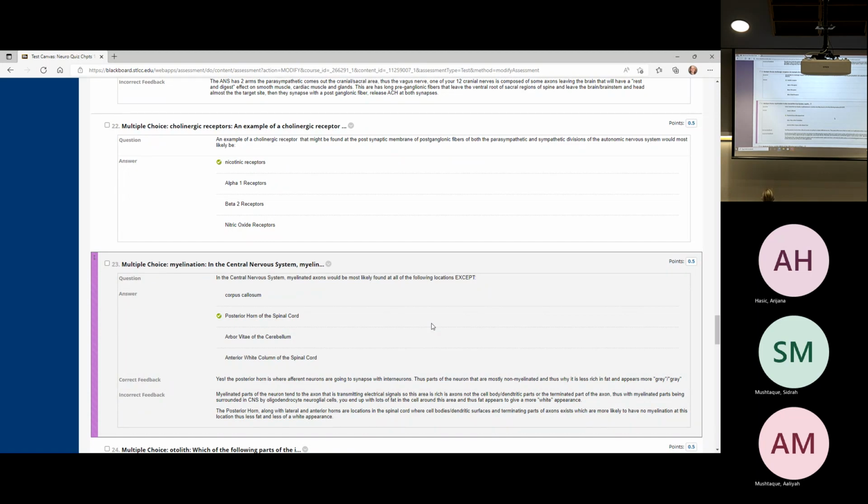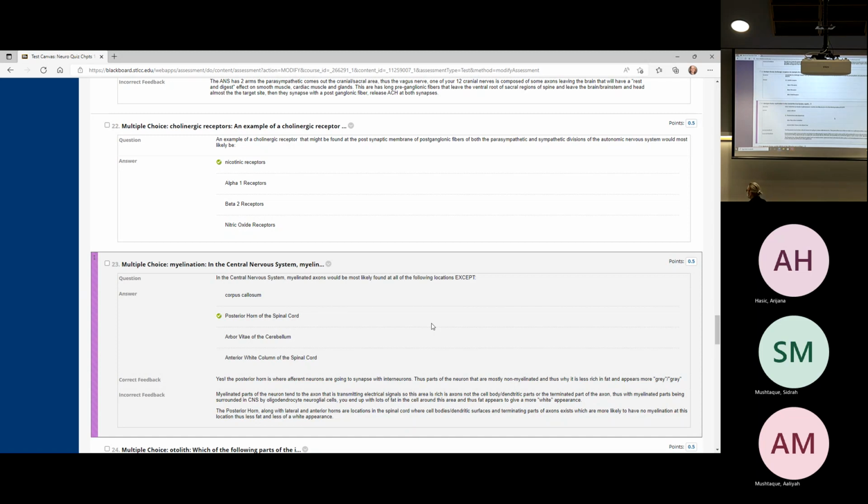Okay, so a cholinergic receptor that might be found on postsynaptic membranes of postganglionic neurons, and it's in both the sympathetic and the parasympathetic system. What receptor am I asking you about? Which cholinergic one? Nicotinic. And remember we talked about it got its name because it responds to nicotine.